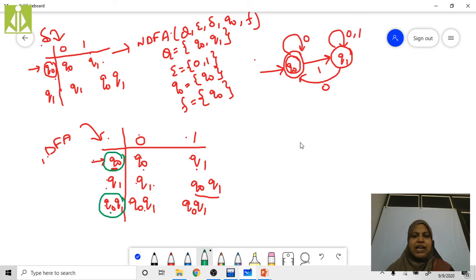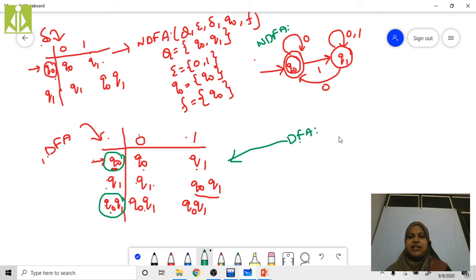Now I am going to draw the transition diagram for the DFA. This is the NDFA, and for the DFA we have to consider this transition table. How many states are there?